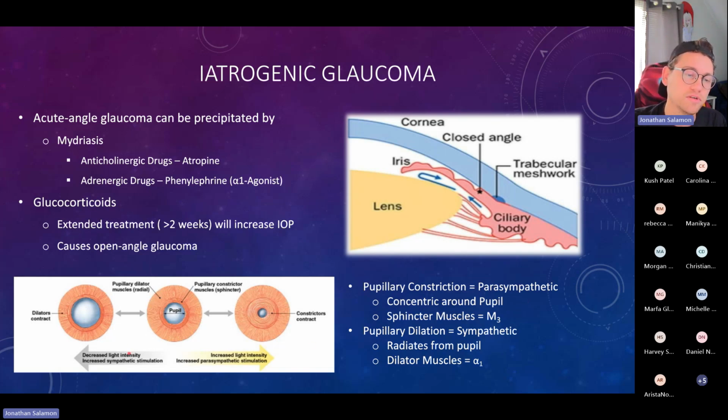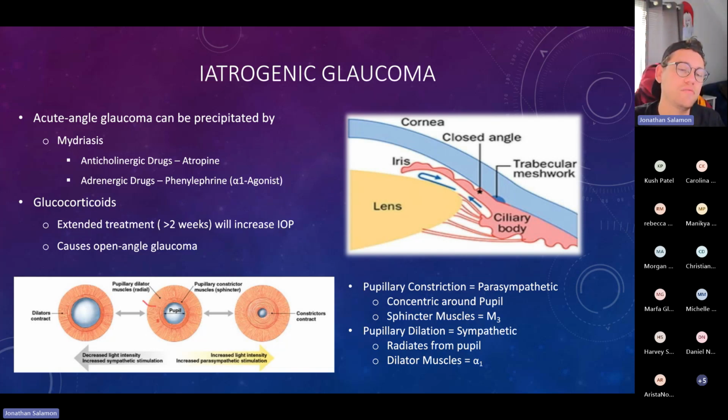And then your sympathetic system, responsible for dilating the pupil, the dilator muscles are alpha 1, right? So that's these radiating fibers. And it makes sense, right? Because if you have a circle that you need to make bigger or smaller, you can have a muscle that shrinks and constricts in as a sphincter, but then relaxing it's only going to open up so much. You wouldn't be able to open past a specific point, right?